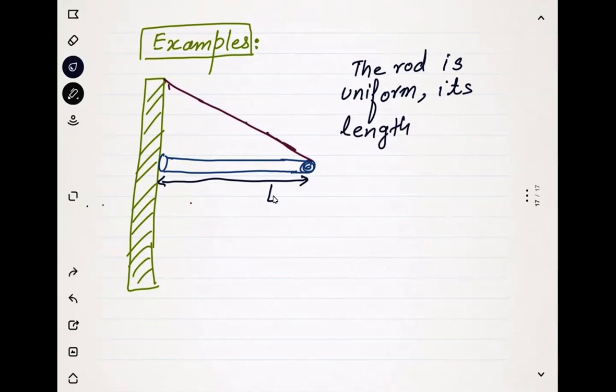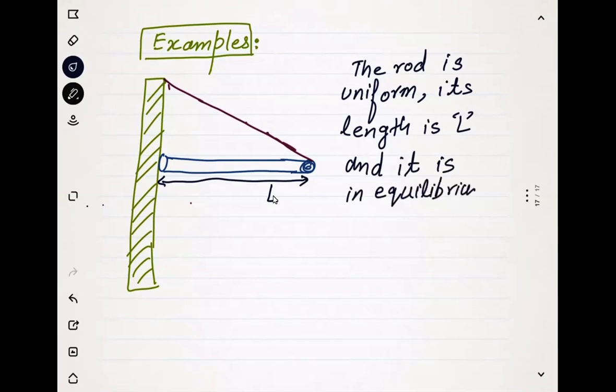Its length is L, and it is in equilibrium. So the rod is uniform, its length is L, and it is in equilibrium.